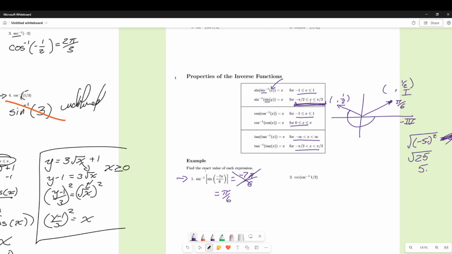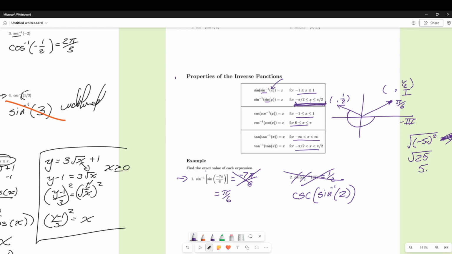Again, in number 2 here, we might think cosecant of the cosecant inverse of 1/2 is just going to undo each other and give us 1/2, but it can't. This is the cosecant of the sine inverse of 2 from our discussion before.